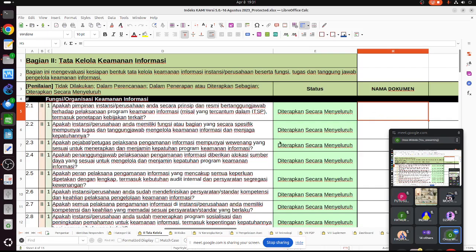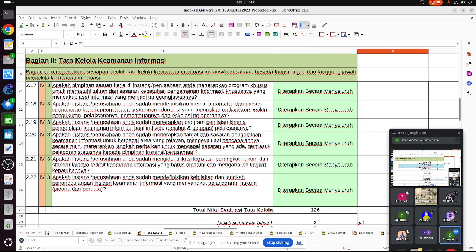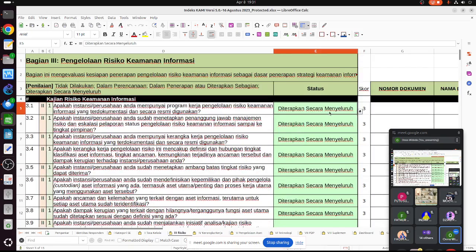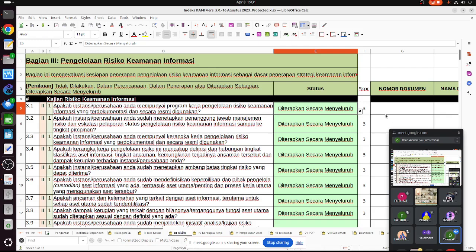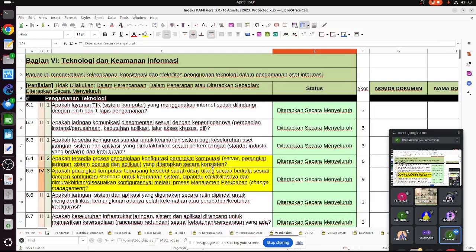So hopefully this gives you some idea. And this is a lot of documents we need to submit. Okay, we have to prepare a lot of documents. For example, risk. Preparing this kind of document is not that easy. Especially in the technology part, we have to implement these things.